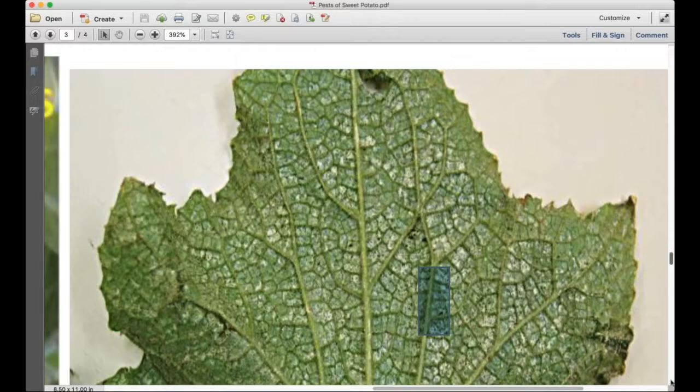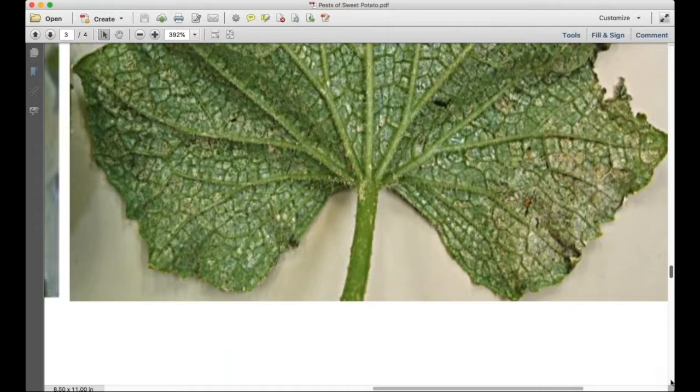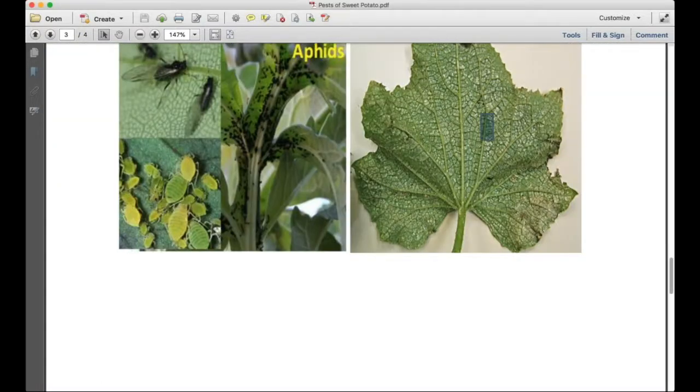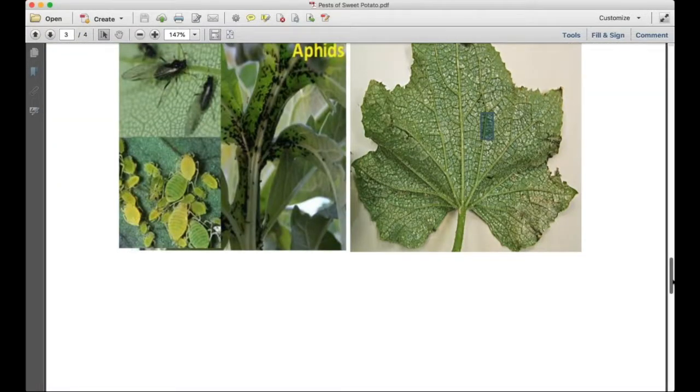It's not a significant damage caused by thrips in sweet potato, but these are the thrips you can see, black dots sticking onto the leaves. It's a different species of thrips, and they don't cause that much damage when compared to squash or tomato, as we have seen in the previous crops.